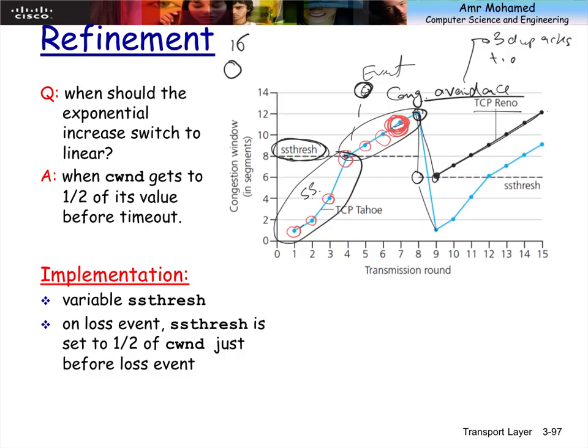Number of segments from this diagram: if I want to translate it to number of segments, we don't have any segments. This diagram gives me some information. Can I regenerate the same diagram, but instead of having the x-axis as a transmission round, have it as the number of acknowledgements you receive?